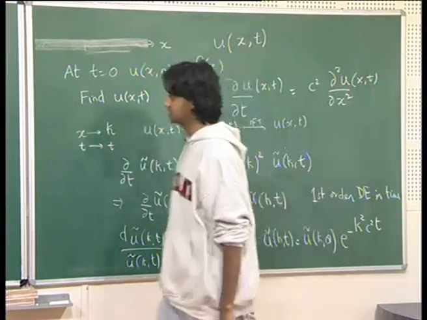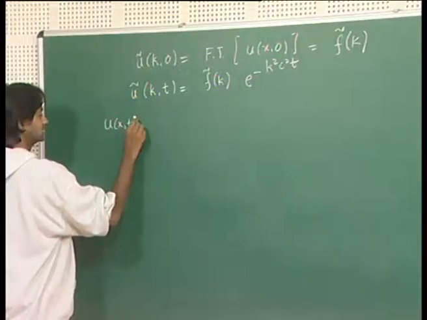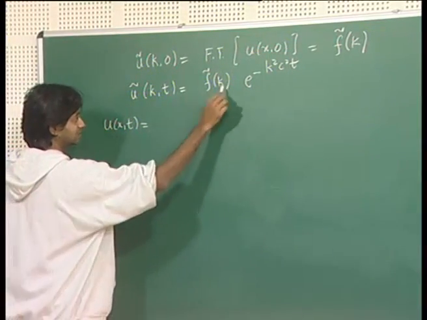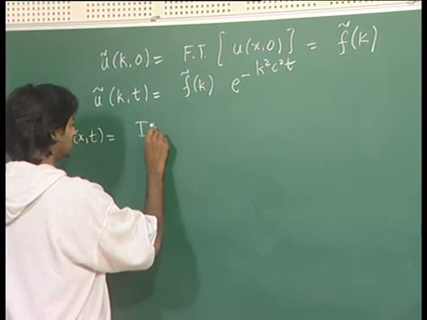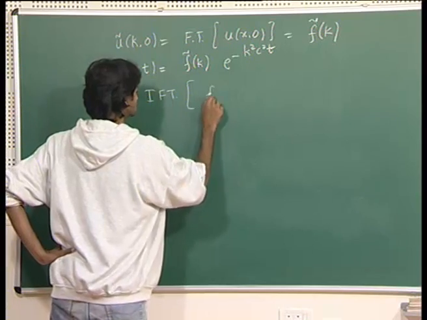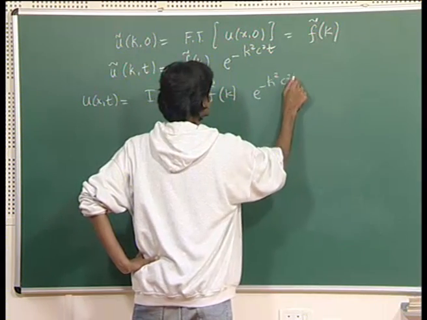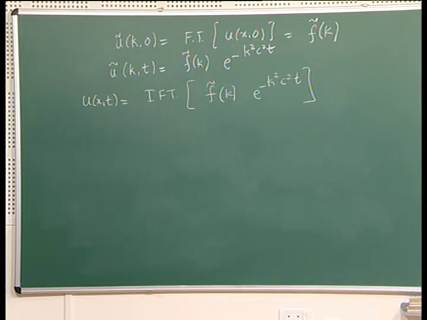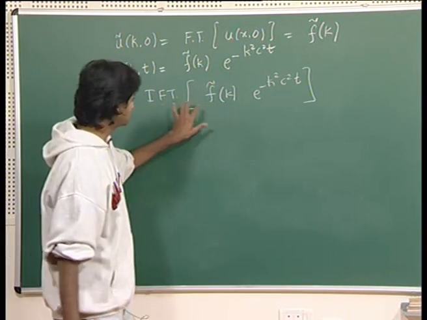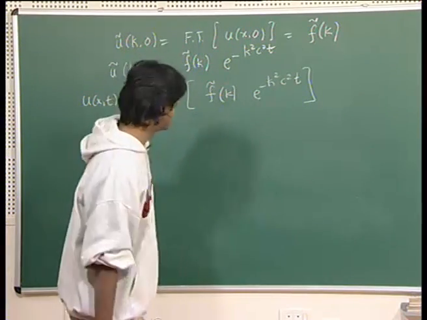So, what you have to do is take the inverse Fourier transform of this quantity. Now, you have to take the inverse Fourier transform of a product of two functions. So, now you use your convolution theorem.